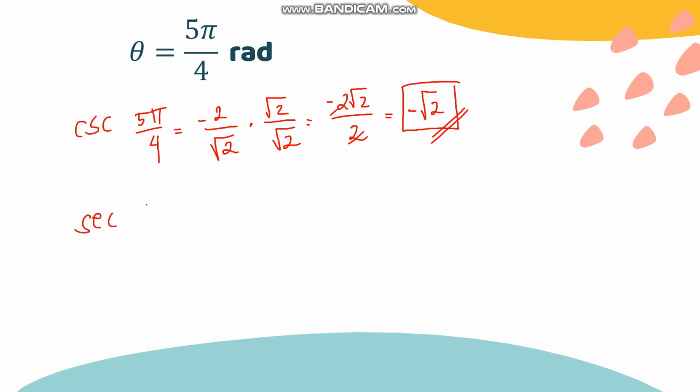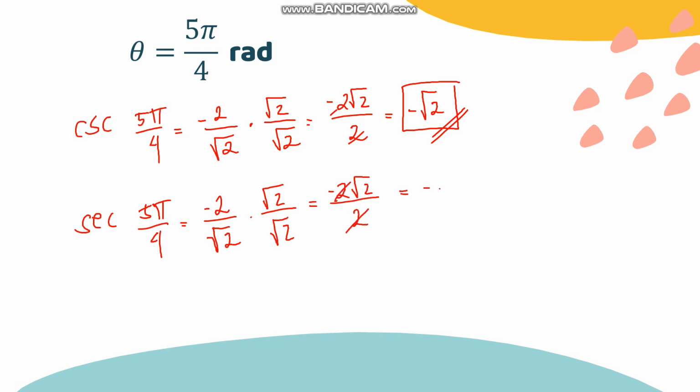For the secant of 5 pi over 4, get the reciprocal. The cosine is negative square root of 2 over 2, so its reciprocal is again negative 2 over square root of 2, which is the same as the first one. So we'll just apply the same process. We have negative 2 square root of 2 all over 2, cancelled.